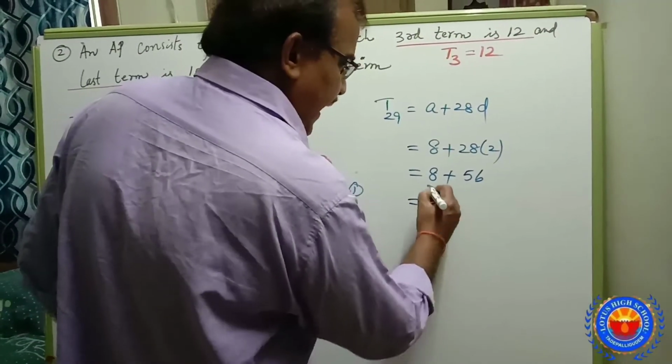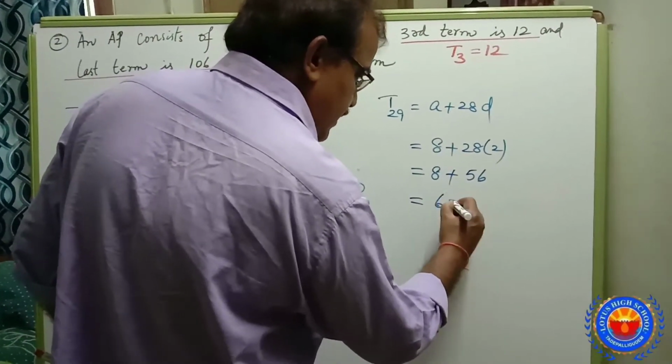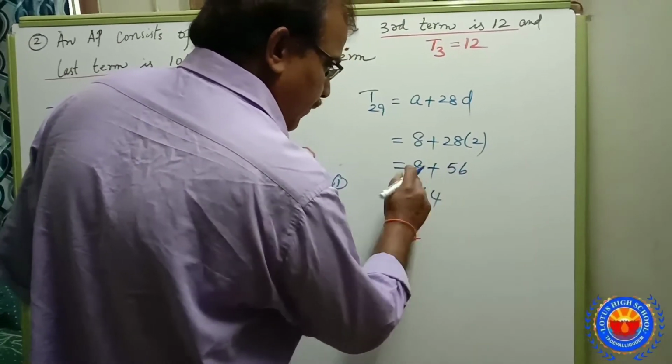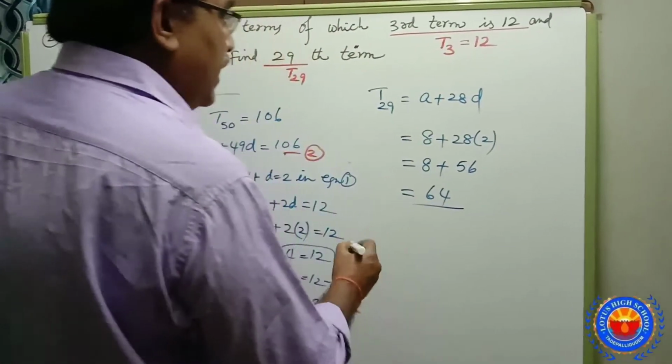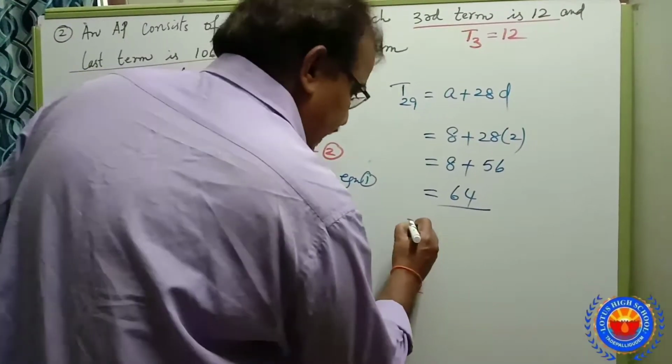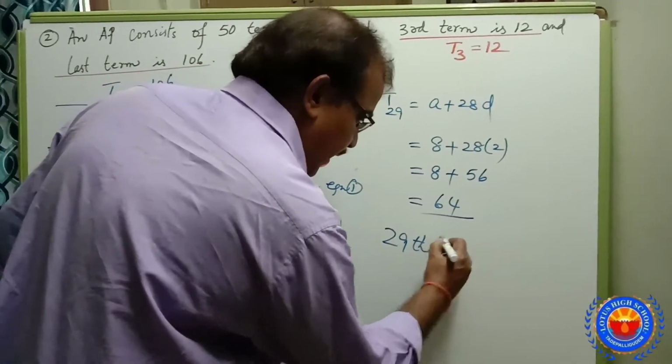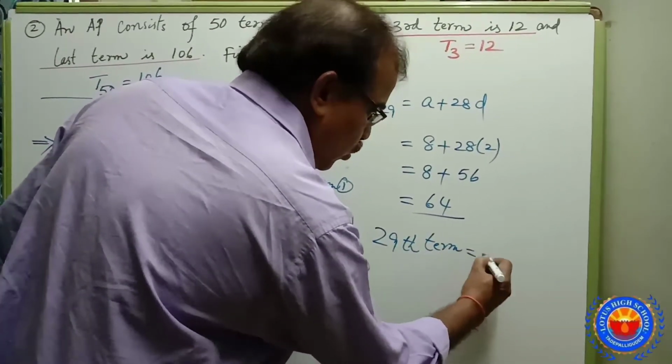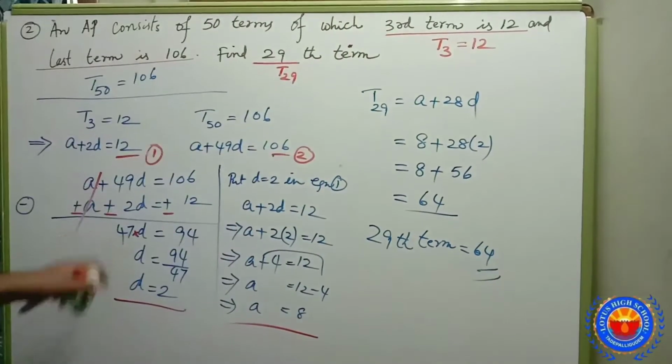So 8 plus 56 is equal to 64. This is the answer. Therefore, I can write, 29th term is equal to 64. This is the final answer.